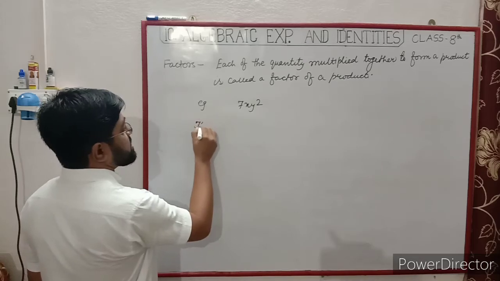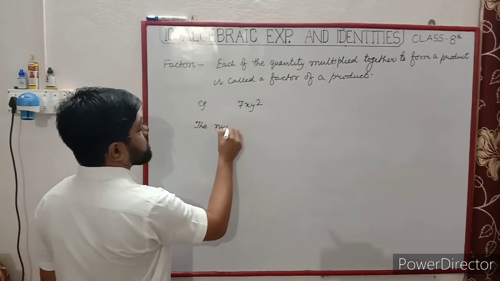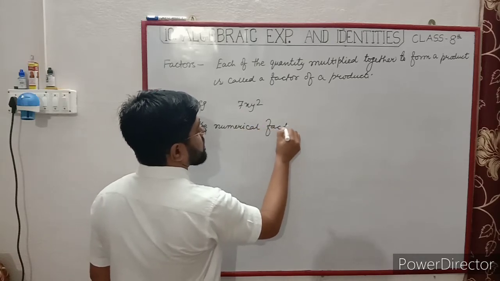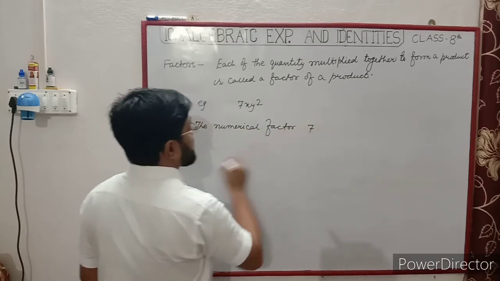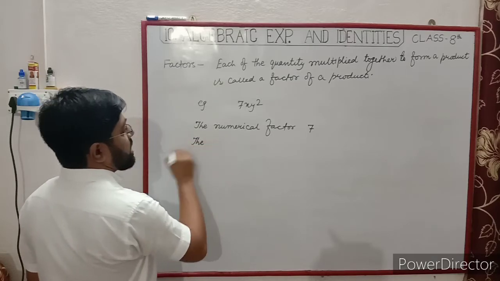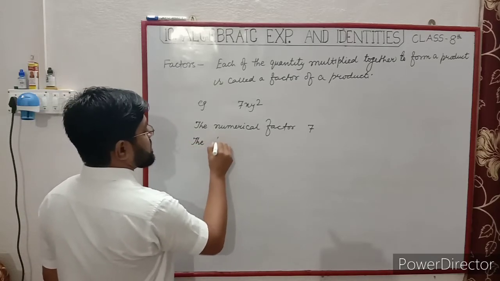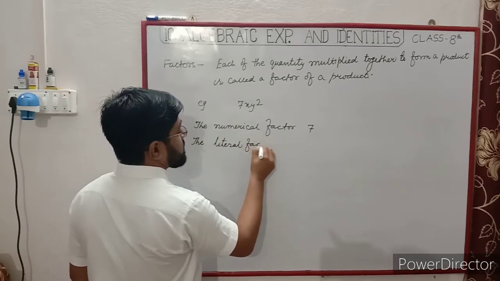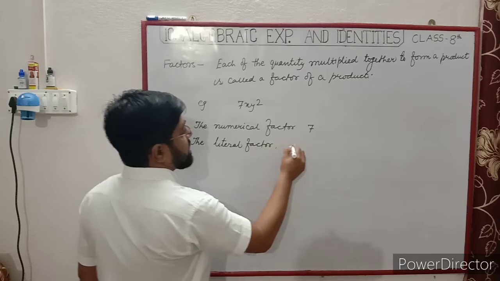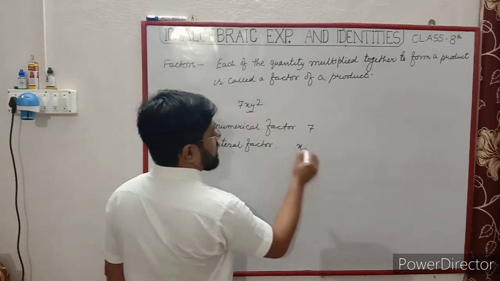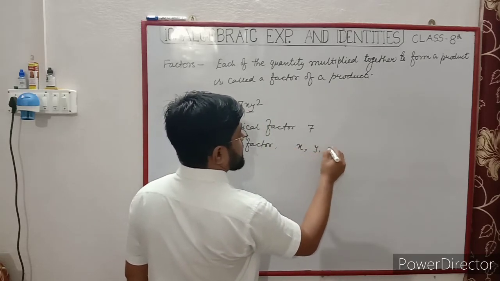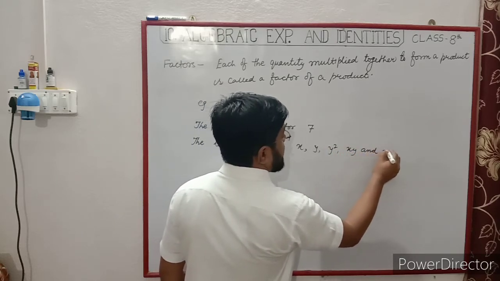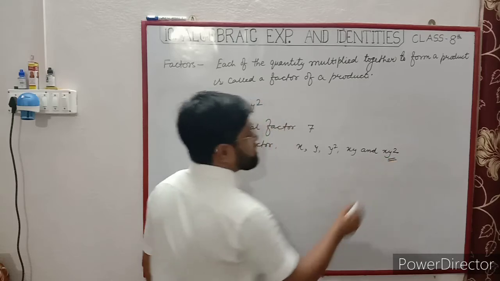So the numerical factor is 7 and the literal factors are x, y, y square, xy and xy square.